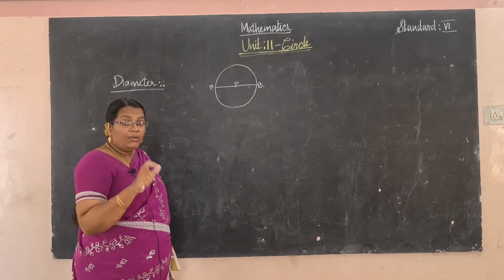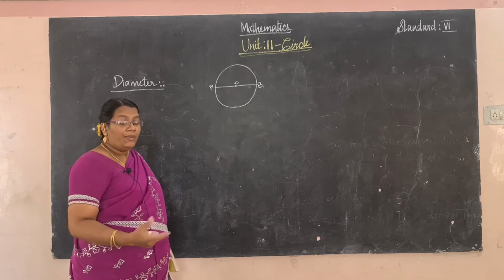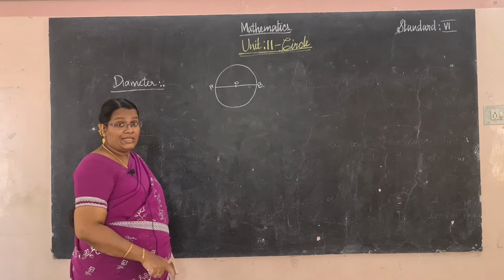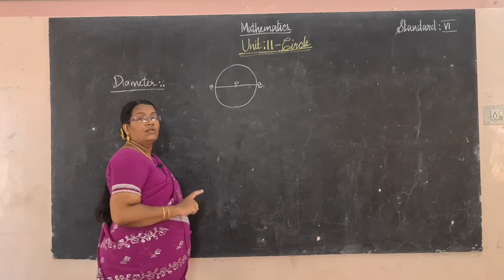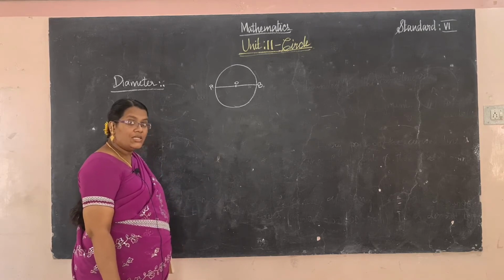In a diameter, it must pass through the center; otherwise it is just a segment. The largest segment is the diameter.